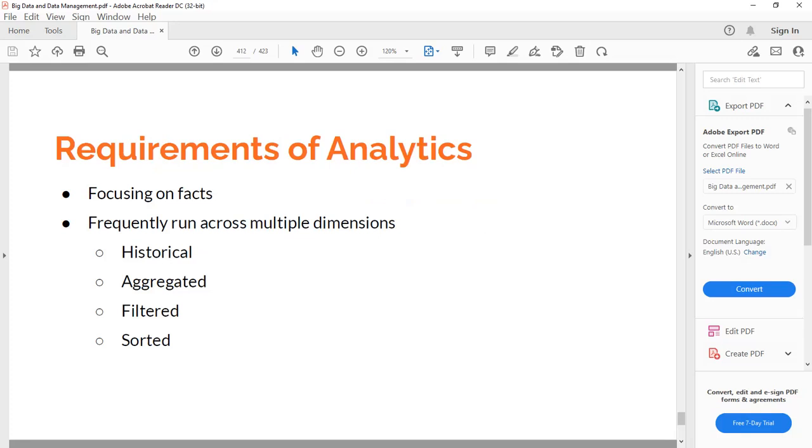The end result must be based on fact. But in order to give this fact a context, you will need to provide a dimension, and this usually comes through multiple dimensions. The analysis makes more sense across different dimensions.